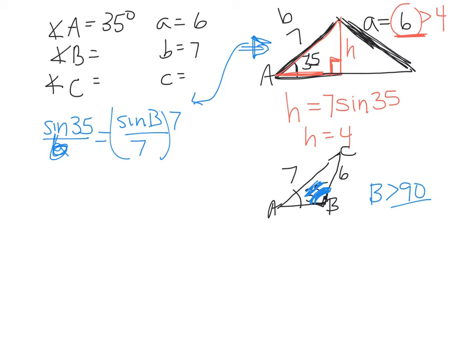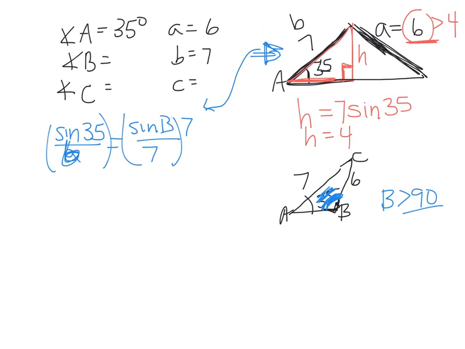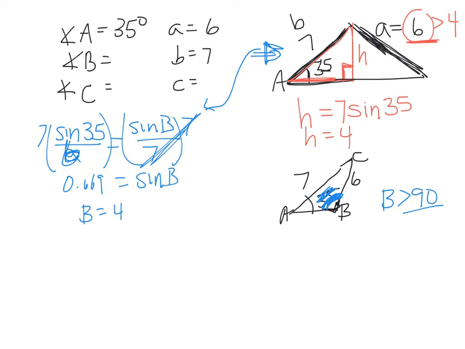Since the variable's on the top of the fraction, we'll just multiply both sides by 7. And the 7's will cancel, and we'll get sine of B is equal to 7 times the sine of 35 divided by 6, and you get 0.669, and then sine inverse of that, and you find that angle B is going to equal 42 degrees.